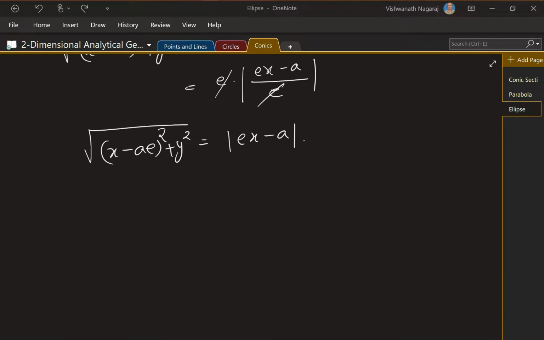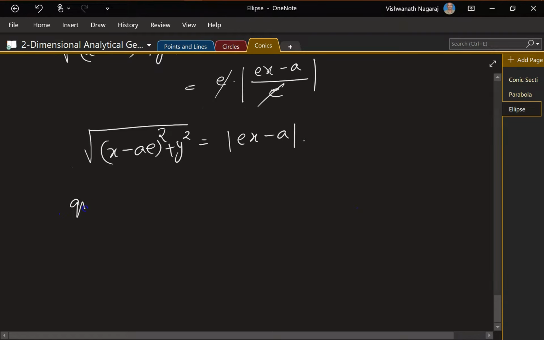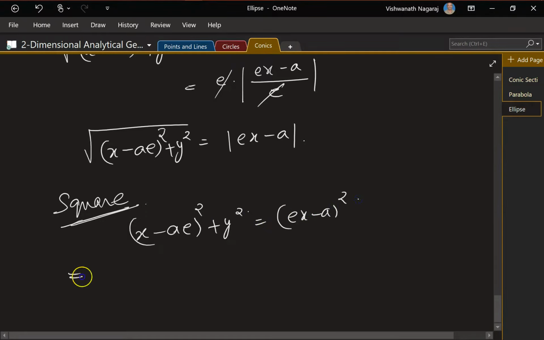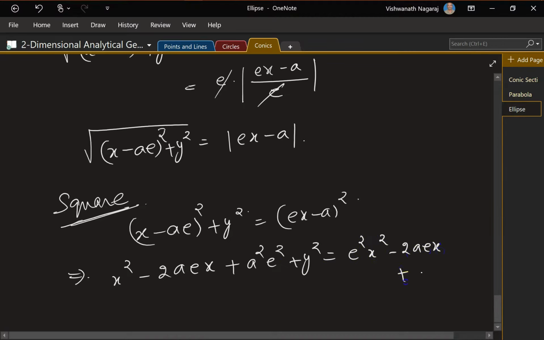Now let's get rid of the square root by squaring both the sides. So (x minus AE) square plus y square is equal to (EX minus A) the whole square. X square minus 2AEX plus A square E square plus y square is equal to E square X square minus 2AEX plus A square.